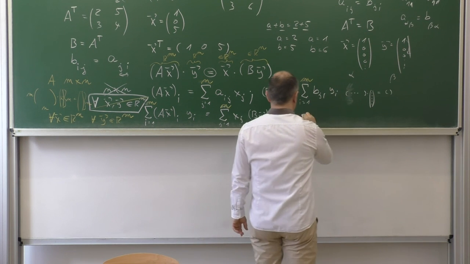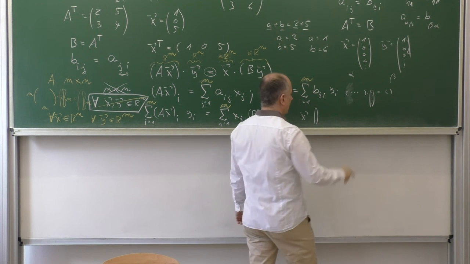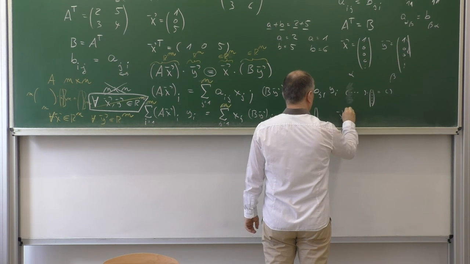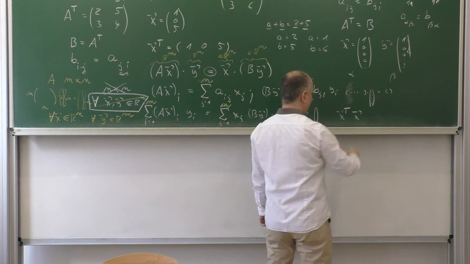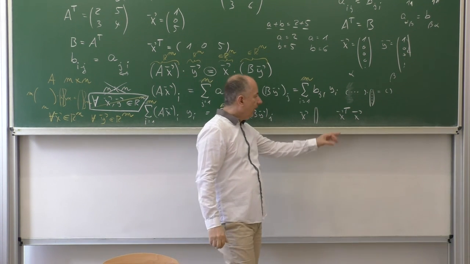So if x is a row vector, then the scalar product could be written x transpose x.